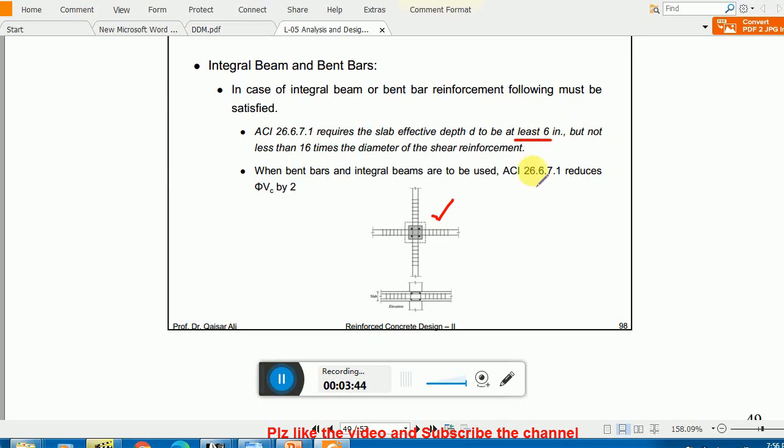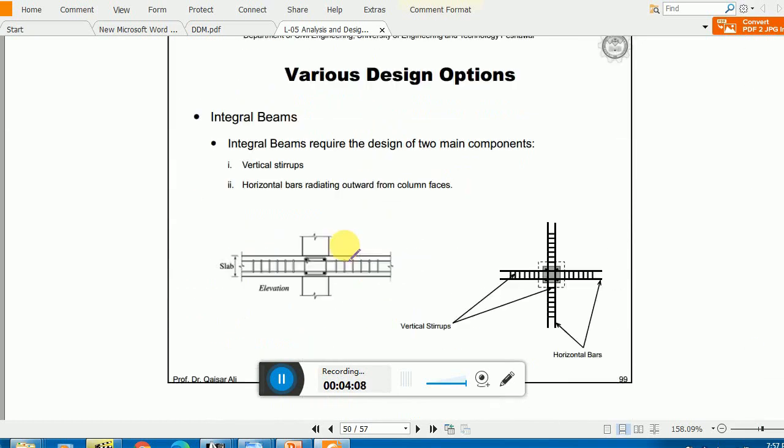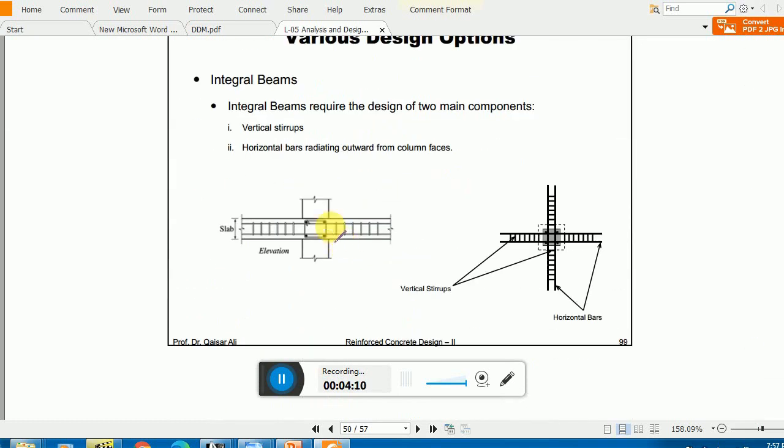When bent-up bars and integral beams are used, ACI reduces phi Vc. As you see, we compare phi Vc against Vu. But when you are providing such bent-up bars or integral beams, you have to halve this. Half the strength of the concrete should be considered, as we did in the shear reinforcement design of a beam.